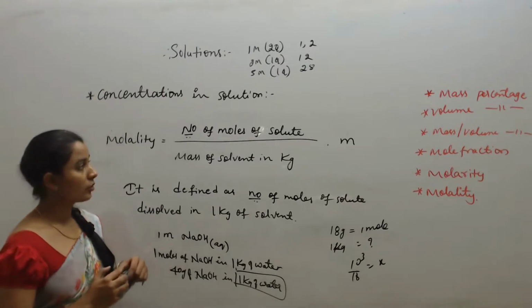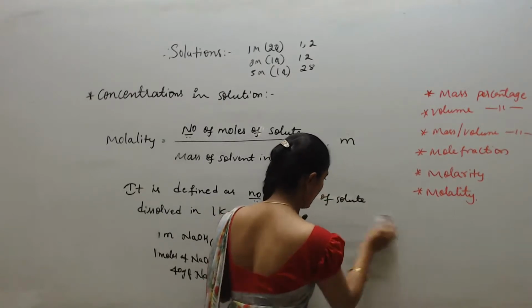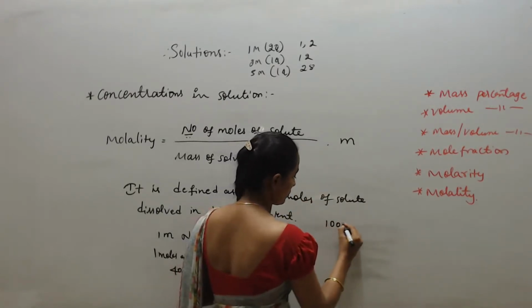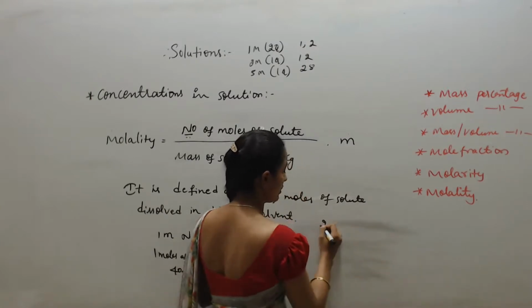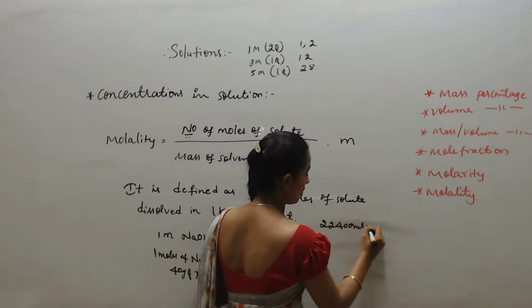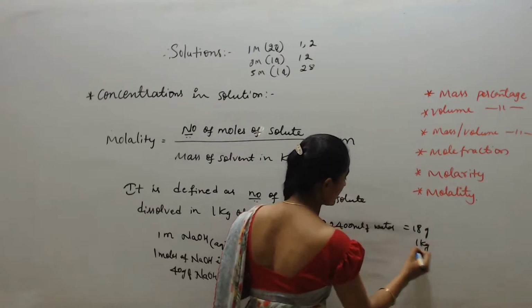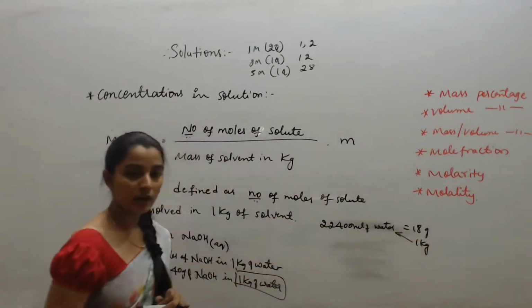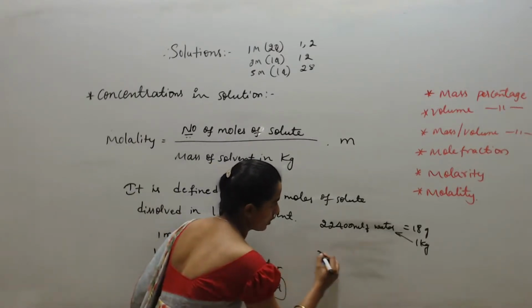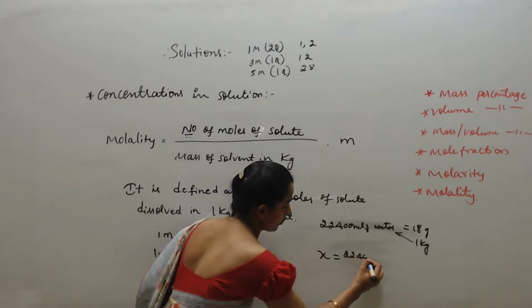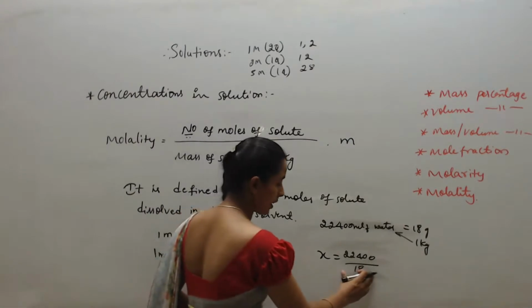Are you may check? So listen. 22,400 ml of water is equal to 18 gram. So we want 1 kg, we have to get some value. X is equal to 22,400 divided by 18. Okay, we will get some value here, students.